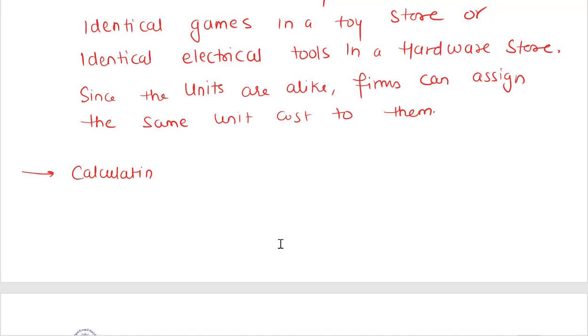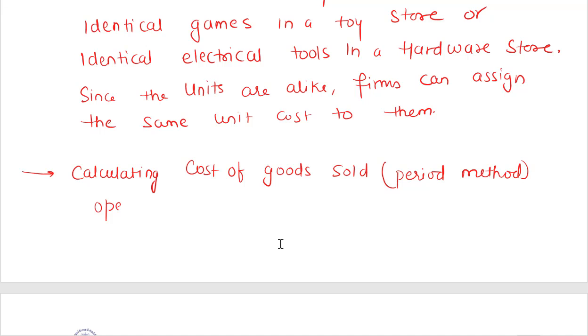Calculating cost of goods sold, period method. We have opening inventory plus purchases equal to inventory available for sale.